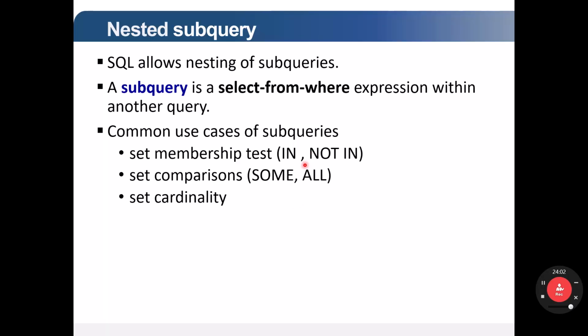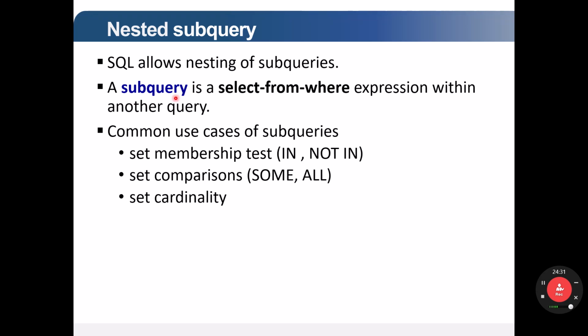Next, nested subquery. This is the most difficult language feature in SQL. You can call another query from a SQL query, and we call that inner query a nested query. It is just like a nested for loop. So a SQL query can call another query inside.